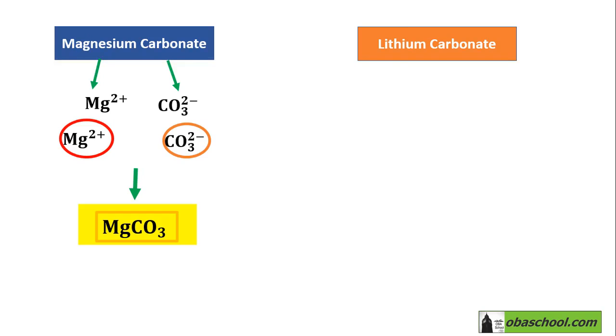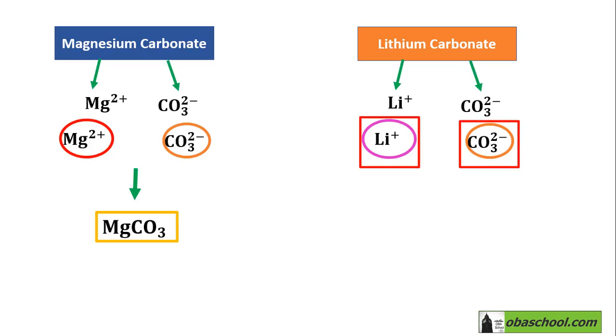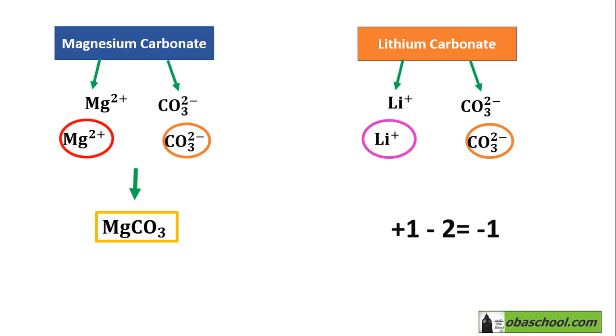Let's do another example. Lithium carbonate. We know that lithium is in group 1, so it will give us the Li+ ion, and we know carbonate is CO3 2-. Now, let's calculate the charges. Plus 1 from lithium, minus 2 from the carbonate, gives us a minus 1 charge.